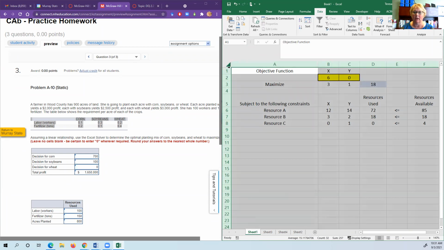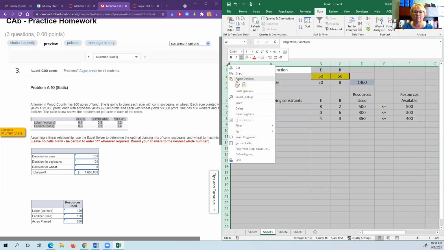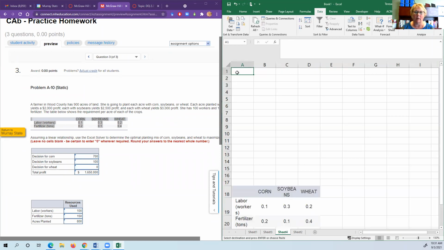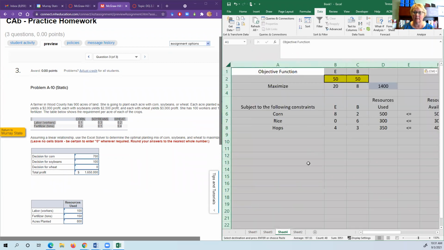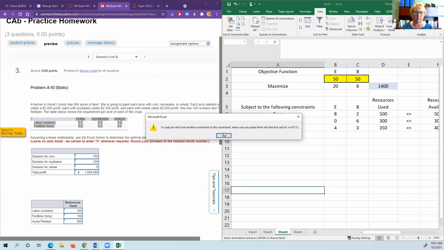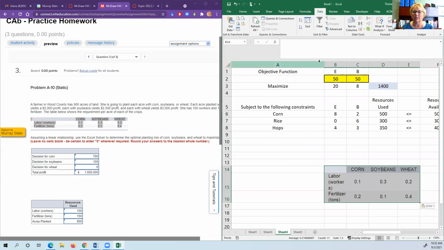We're going to come back here and we're going to copy our expansion draft one, and we will revise it. Okay, so I know that I have corn, I have soybeans, and I'm going to have wheat.